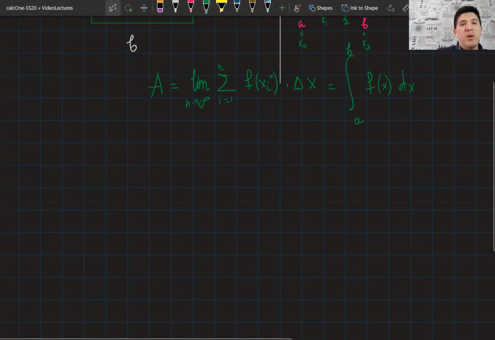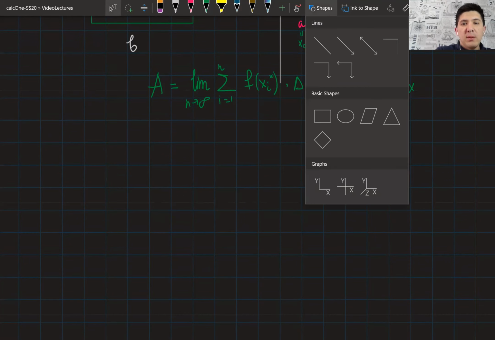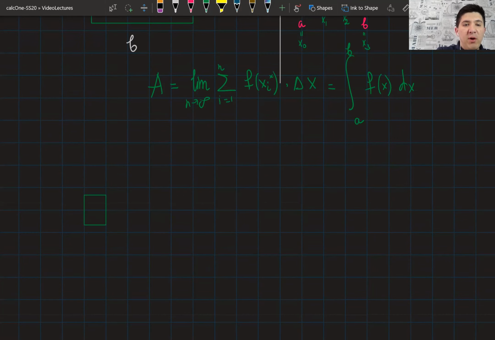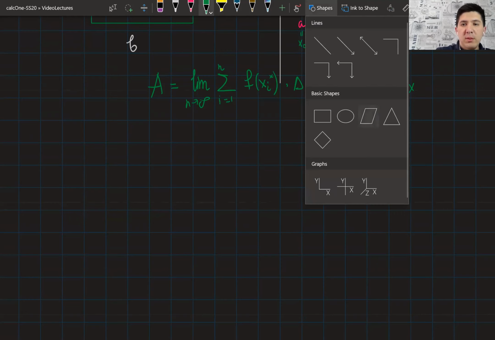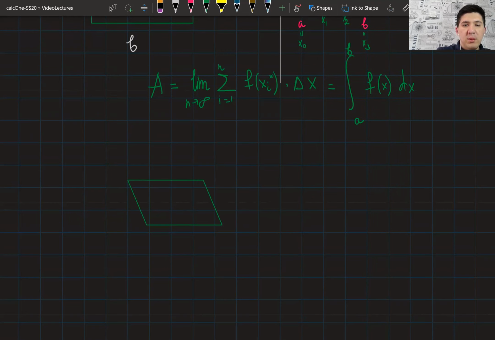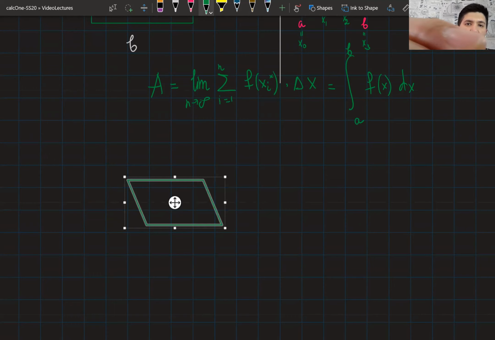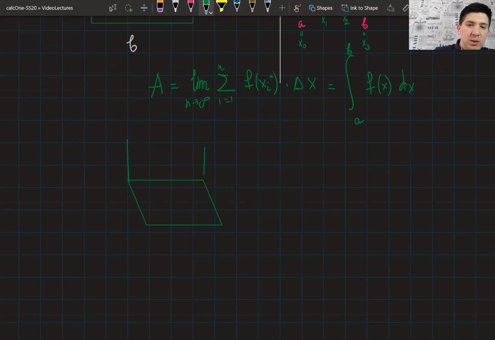So first of all, let me remind you that the volume, for example, of a box is very much similar to the area of a rectangle.